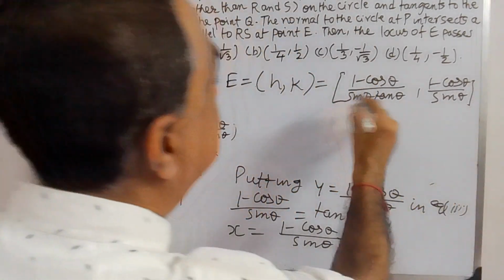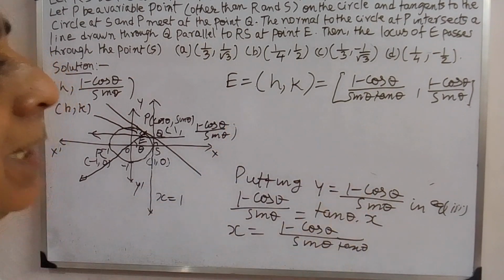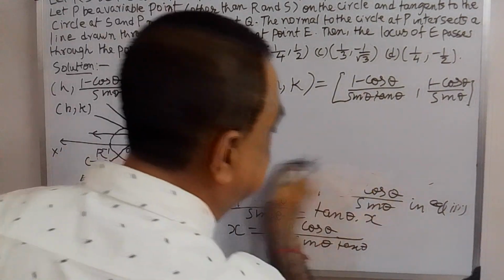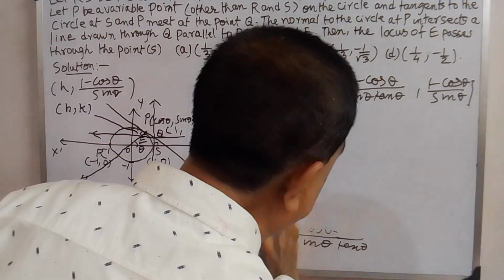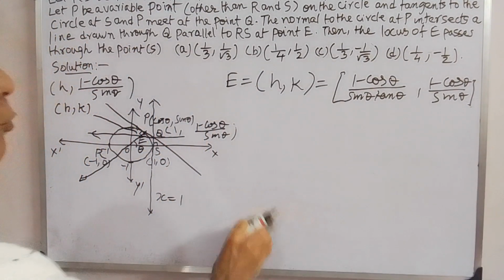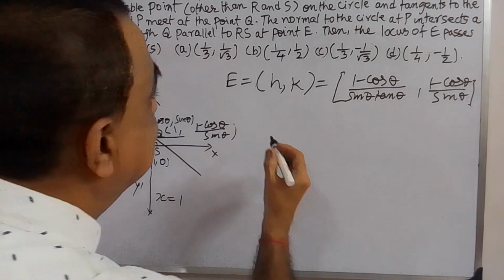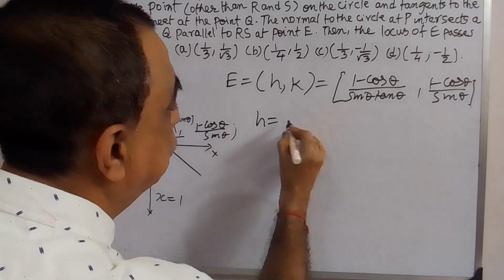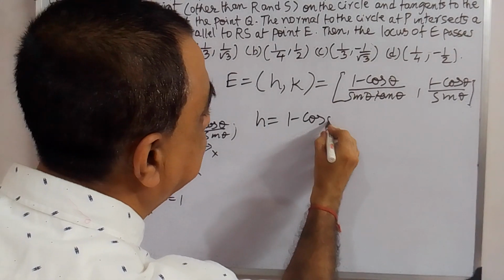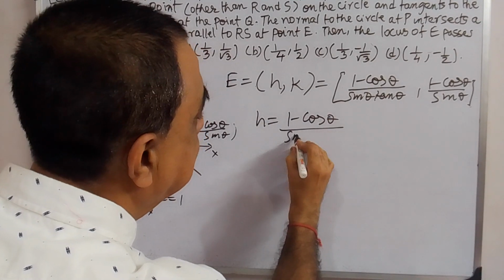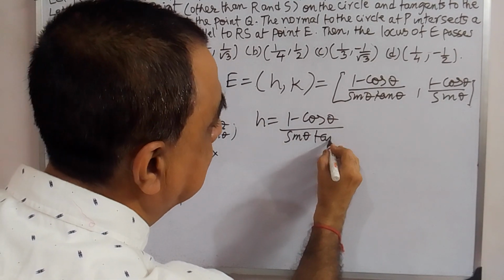From here we will get a relation between h and k, and that will be the locus of the point E.